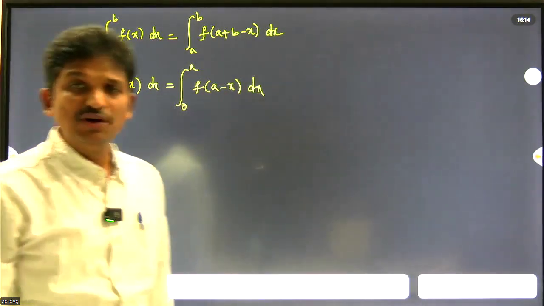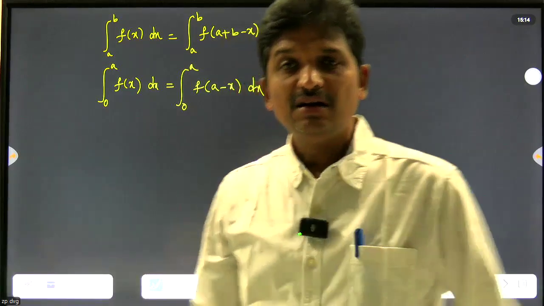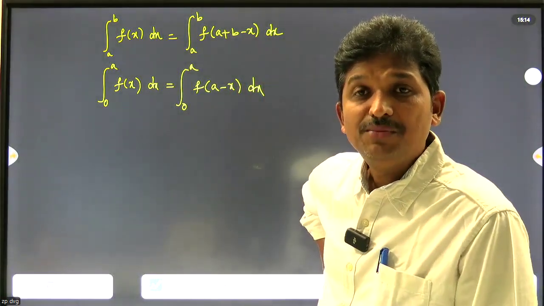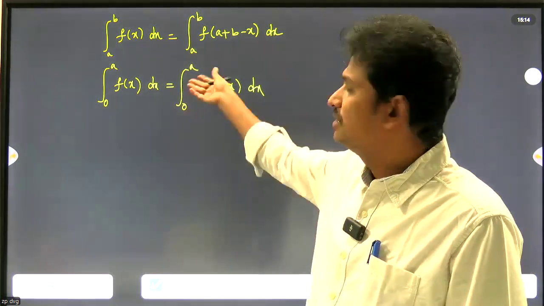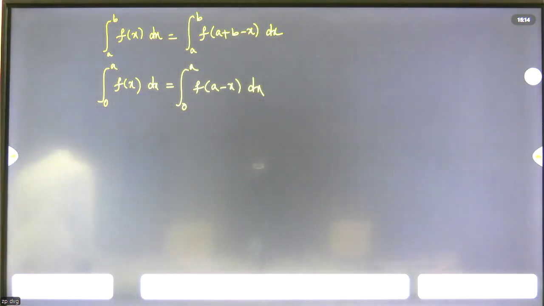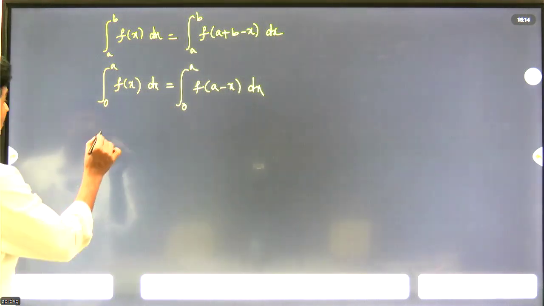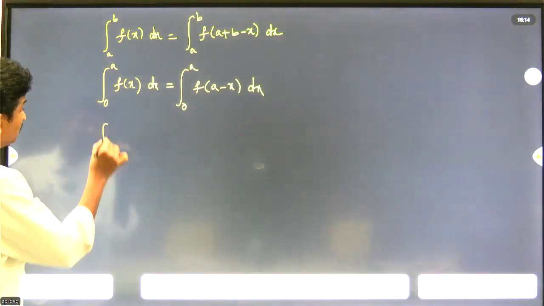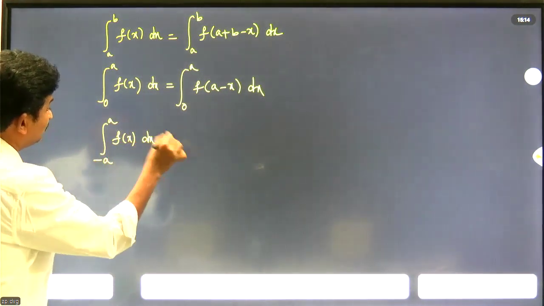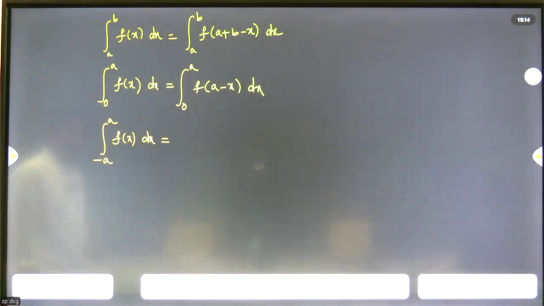These are very useful results, right? If you see the NCERT exercise problems, 50% of the exercise problems are based on these formulas only, right? These are important. Next, integral of minus a to a f of x dx.